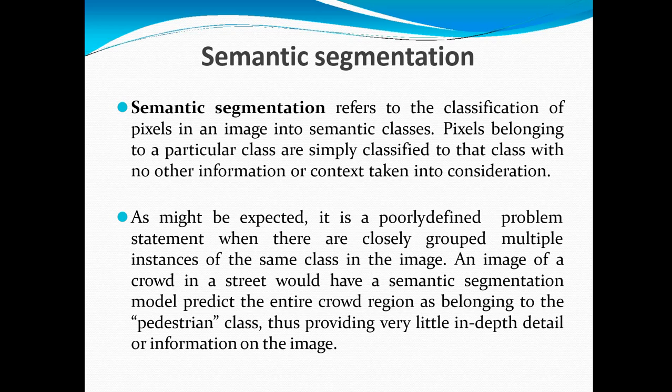As might be expected, it is a poorly defined problem statement when there are closely grouped multiple instances of the same class in the image. An image of a crowd in a street would have a semantic segmentation model predict the entire crowd region as belonging to a pedestrian class, thus providing very little in-depth detail or information on the image.